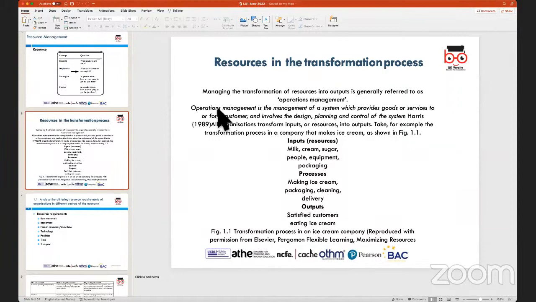So when we talk about resources, there is a transformation process where input with processes gives a particular output, a finished product that you need to sell to consumers.